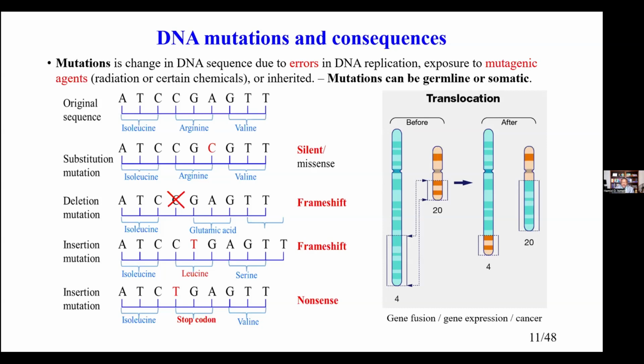So what mutation is: if the sequence of the DNA changes by error or by a mutagen, then we call that a mutation. A mutation can be a base substitution or nucleotide substitution, which means a nucleotide or base is replaced by another base.